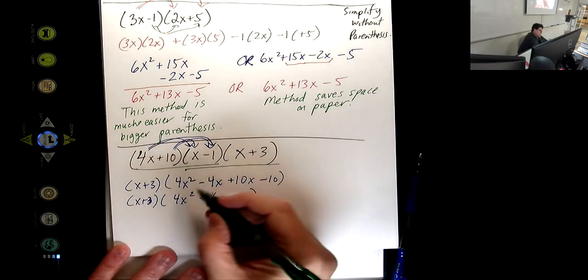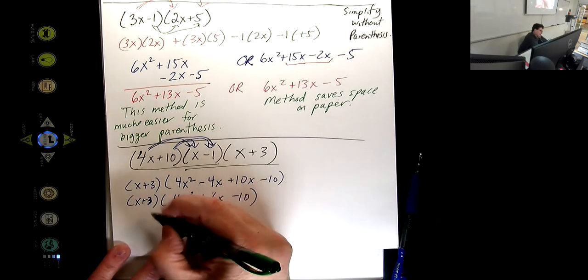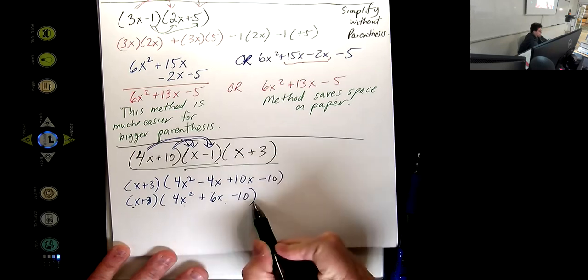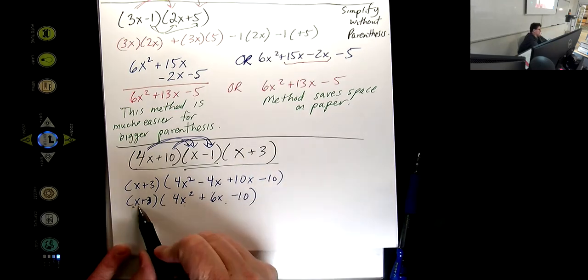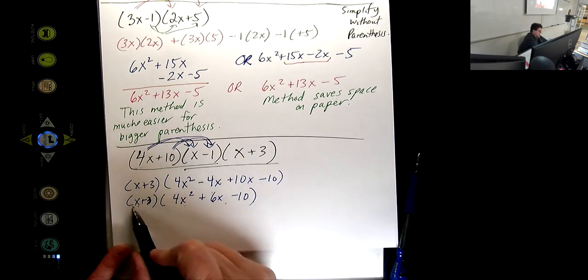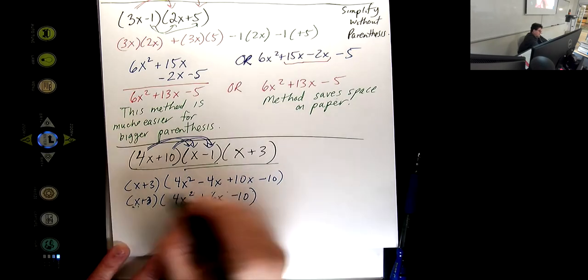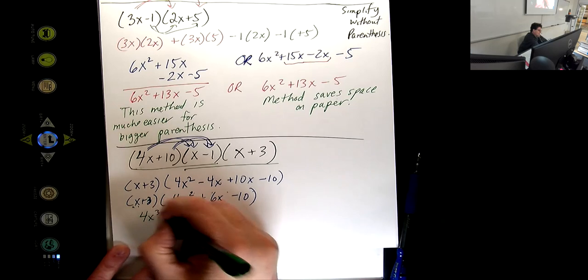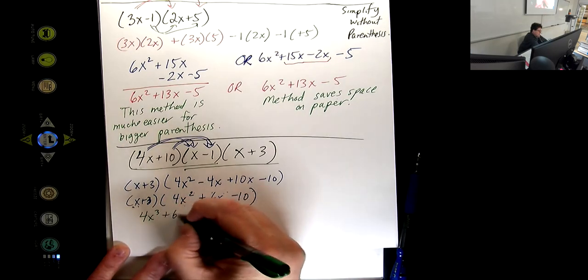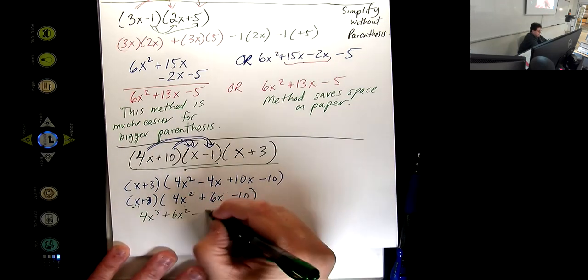X plus 3, x times 4x squared. X times all of these is just a single x and there's nothing in front. All it's going to do is elevate all of these exponents by 1. X times this will make 4x cubed. X times this will make 6x squared. And x times this will make -10x.